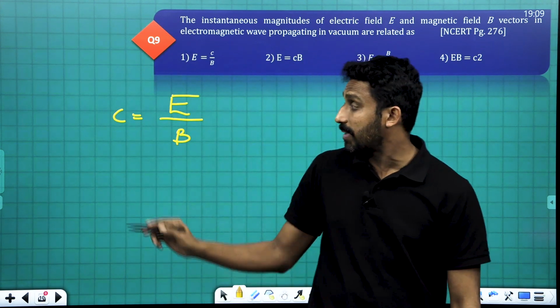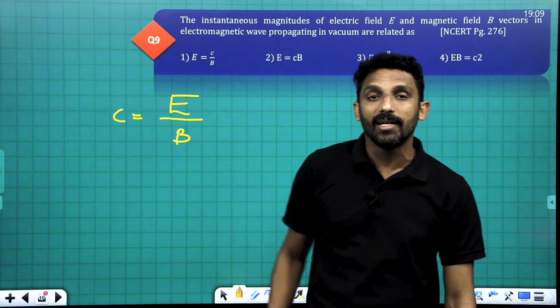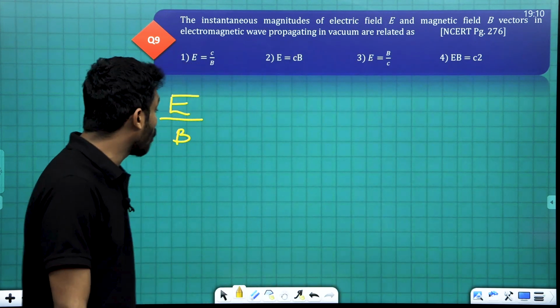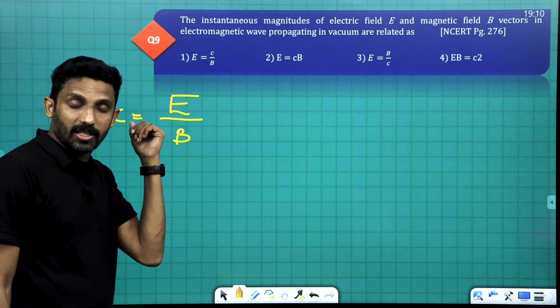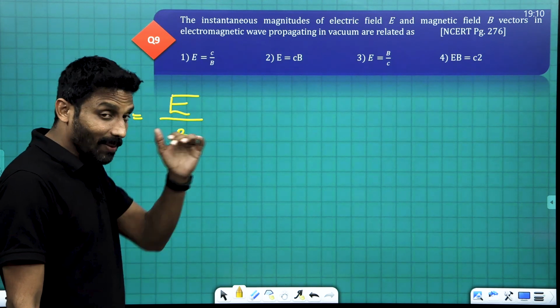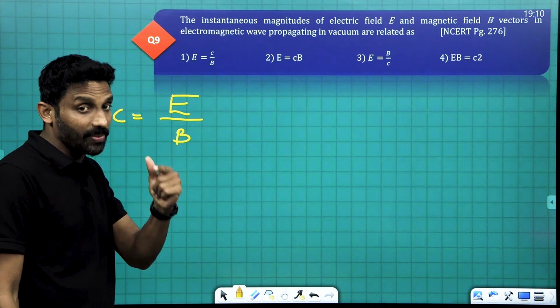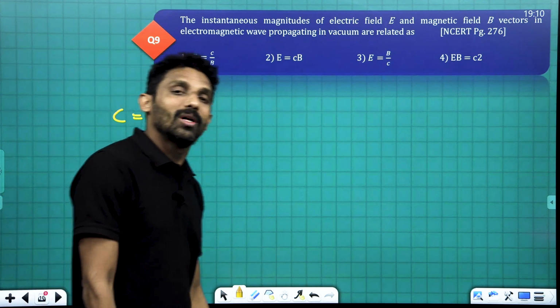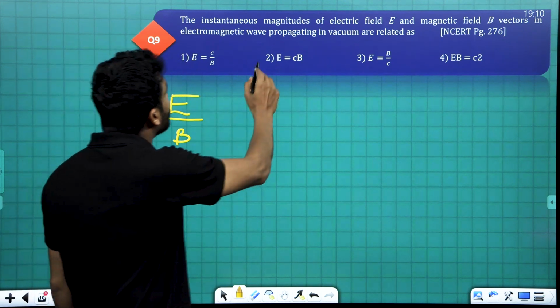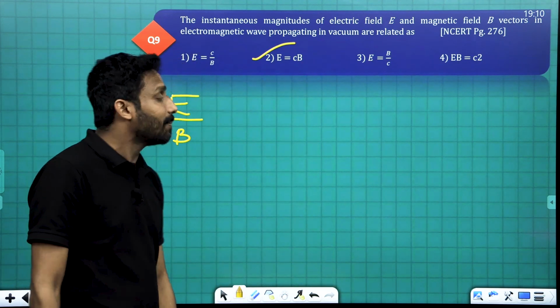In another medium, that will be V is equal to E by B. The ratio of electric field intensity to magnetic field intensity is the speed of light in that particular medium. In vacuum, it is C, which is 3 into 10 power 8 meter per second. So, E is equal to CB. The answer is option B.